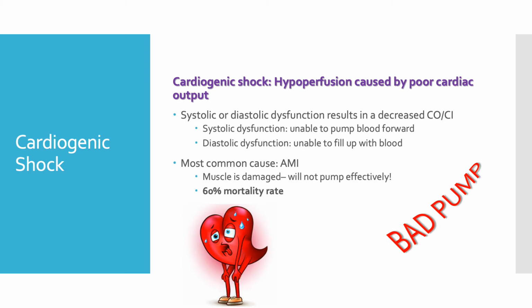So note that cardiogenic shock has a very high mortality rate, and thus the nurse's early detection and rapid intervention and collaboration with the healthcare team, that can make a big difference on the outcome for this patient.